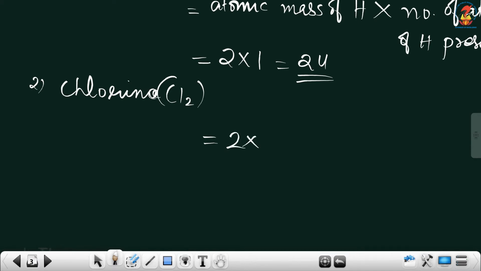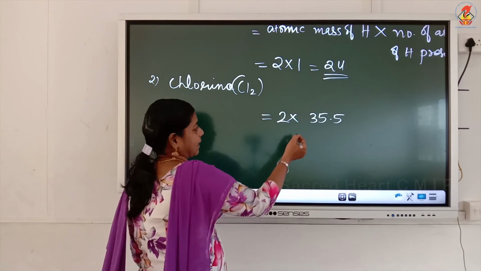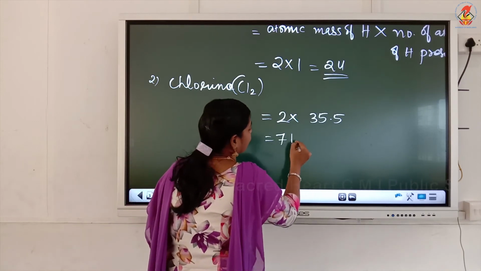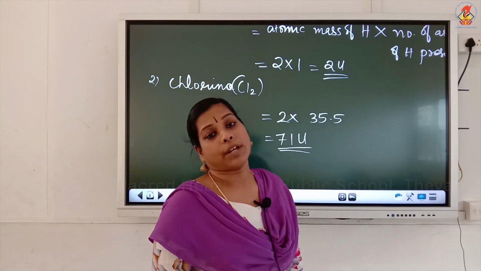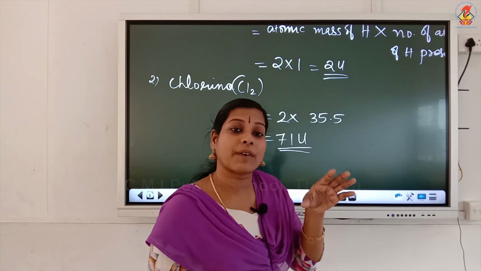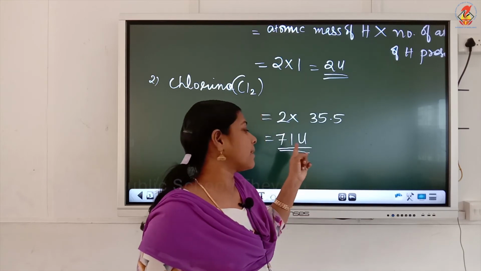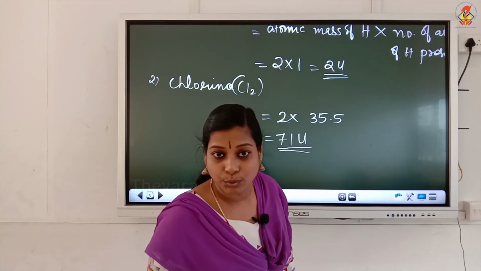So 2 into the mass of an atom of chlorine, 35.5. So 35.5 into 2 is 71 U. The unit is the same for atomic mass and molecular mass. Atomic mass is represented by unified mass U, and molecular mass has the same unit, 71 U.